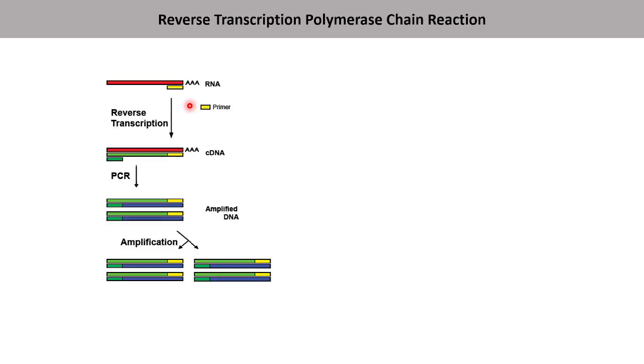Now the concept of RT-PCR is basically the amount of, suppose you have a gene of interest, again let's take the gene as XYZ. The amount of XYZ gene that is expressed will be directly proportional to the mRNA that was produced at that particular time. Now suppose we have two tissues, we have taken two plants, and one plant was subjected to stress and the other plant was grown under control conditions.